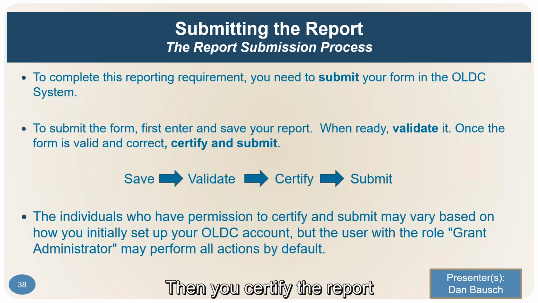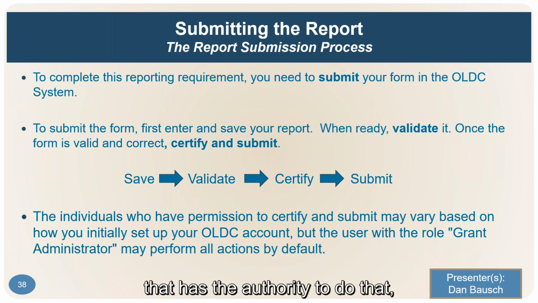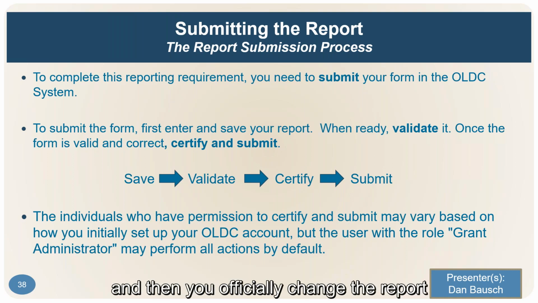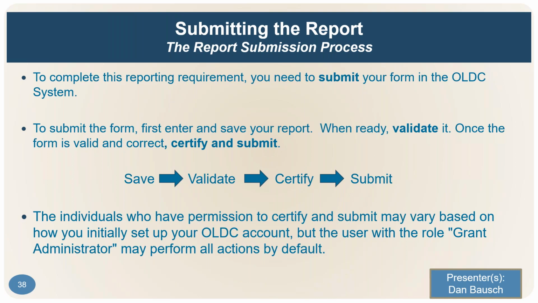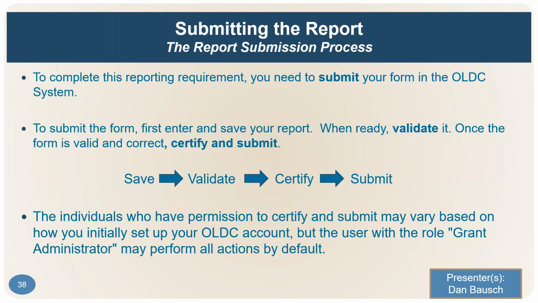Then you certify the report with the appropriate person in your program that has the authority to do that. And then you officially change the report to being submitted. Again, there's some slides at the end to help walk through this process.